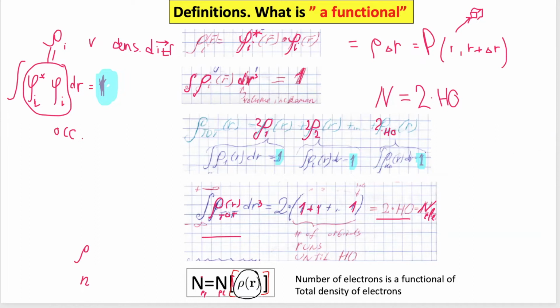So let me try someone else. Lola, would you share your expectations? What does the word functional mean, just based on what we discussed now? The dependence. Dependence, yes. But what is the difference between function and functional?